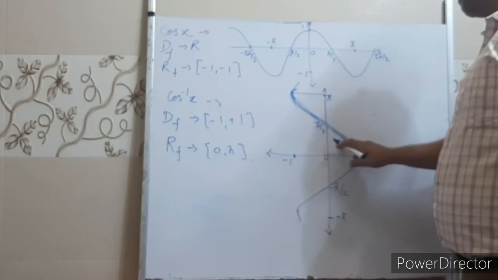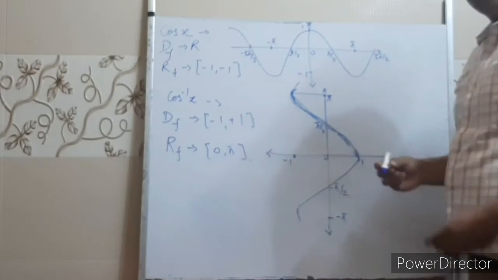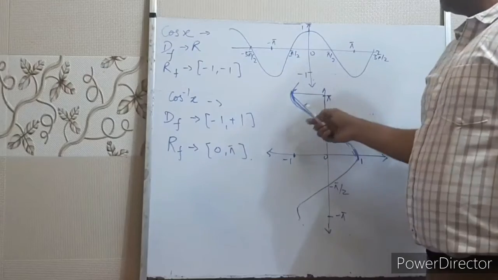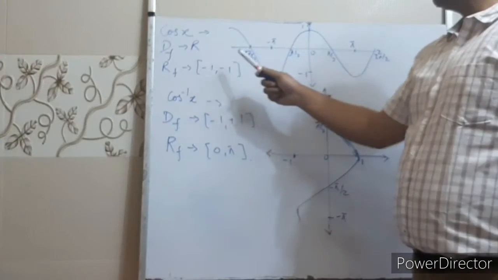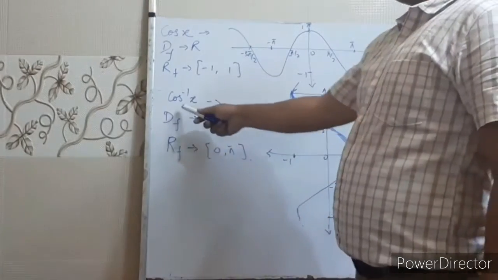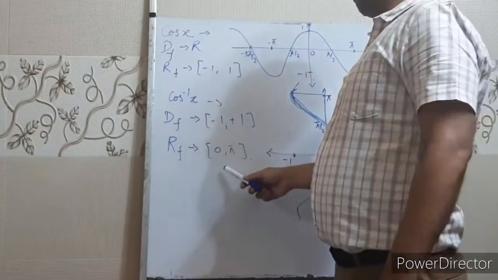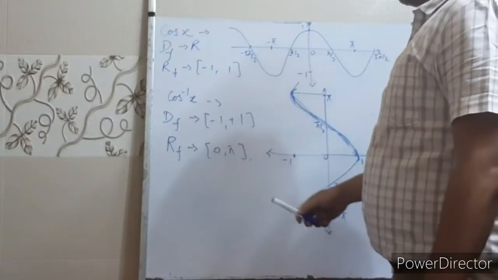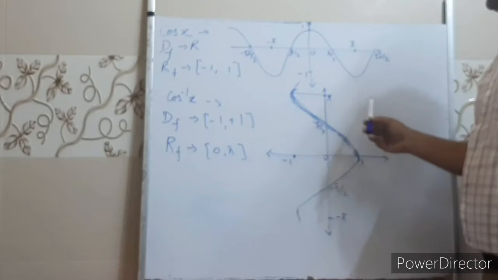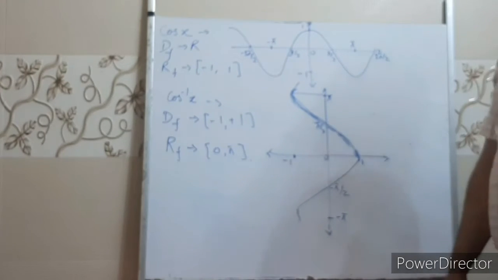So to make this function one-one we are applying restrictions. The domain of cos x is all real numbers, and the range is minus 1 to plus 1. So the domain of cos inverse x will become minus 1 to plus 1, and the range will become 0 to pi, because in this interval, in this restriction, cos x is one-one, right? Note down.